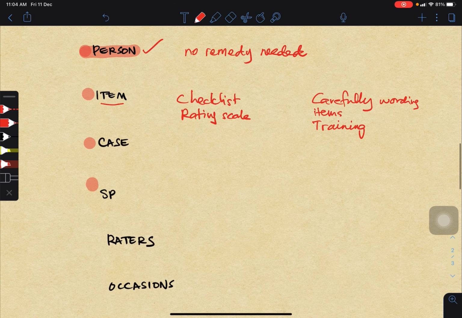Now, the next thing is the case, what we call case-specific variance, meaning individual students find some cases more challenging than others. Performance is variable across cases within an exam.